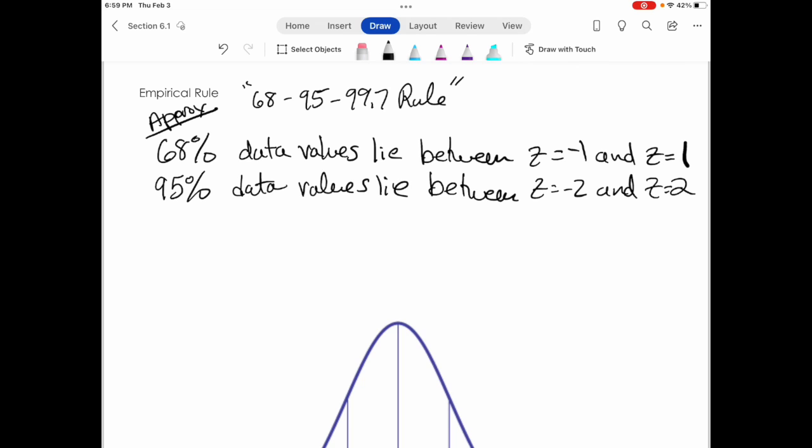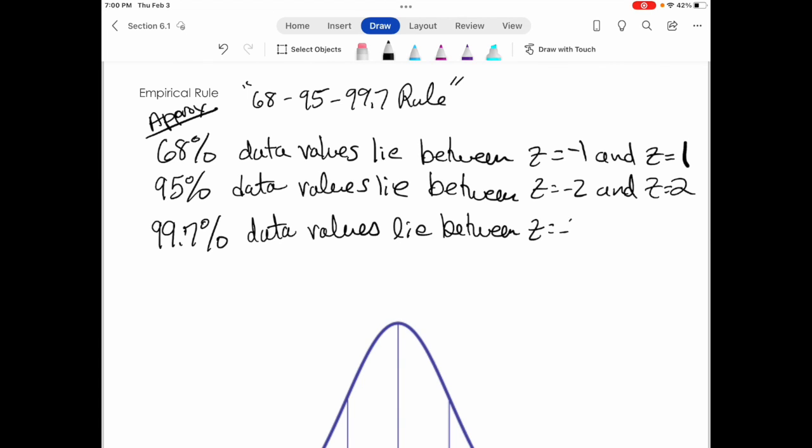So if you go out 2 standard deviations out on either side of the mean, 95% of the data is going to fall in that area. And then lastly, if we go out 1 more standard deviation, about 99.7% of the data is going to lie between z equals -3 and z equals 3.